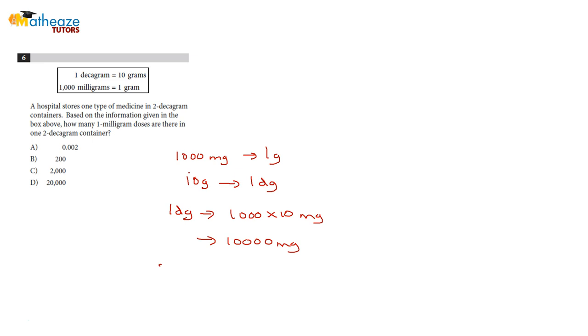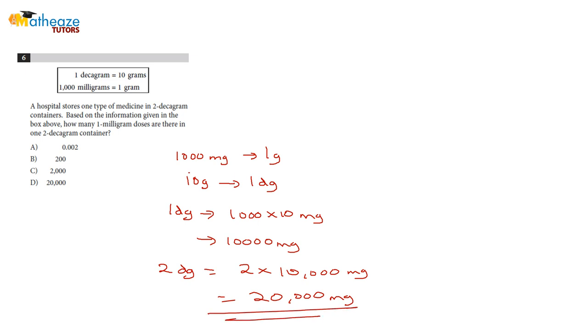And so 2 decagrams is going to be 2 multiplied by 10,000 milligrams, which is 20,000 milligrams. So that's option D.